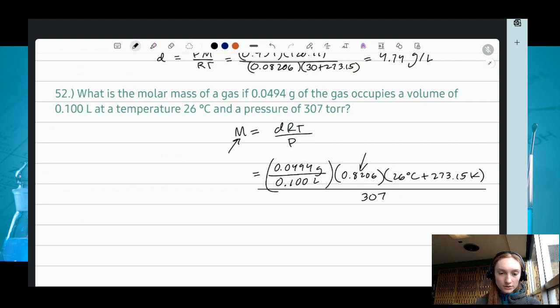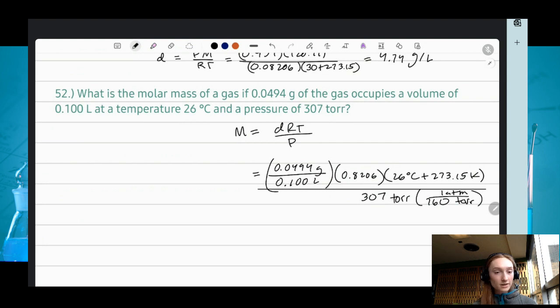So we will need to convert this 307 torr to atmospheres. Let's do that right now. For every 760 torr, there is 1 atmosphere. That's just a simple conversion to atmospheres right there. And so now our pressure units check out.